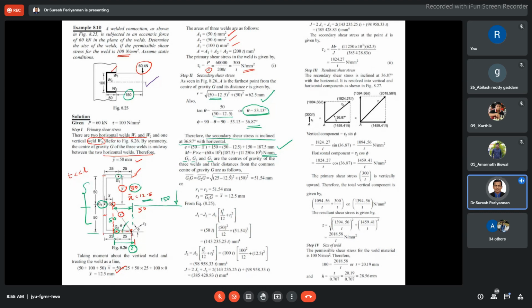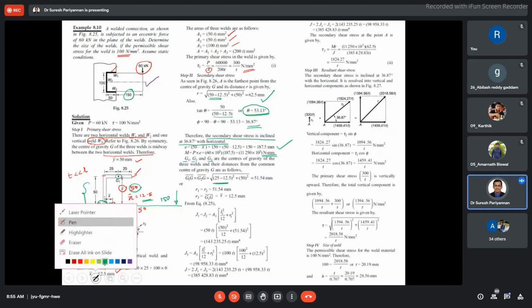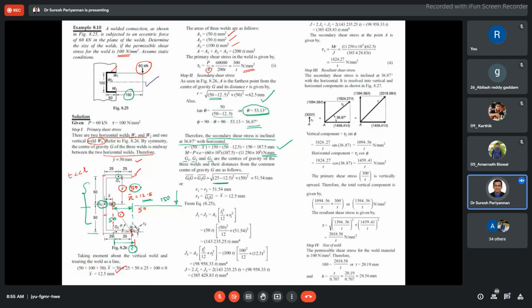We have to find the common center of gravity now. Now 25 minus 12.5, we know this. What is this, at which distance? Now I erase this component. You might have understood.